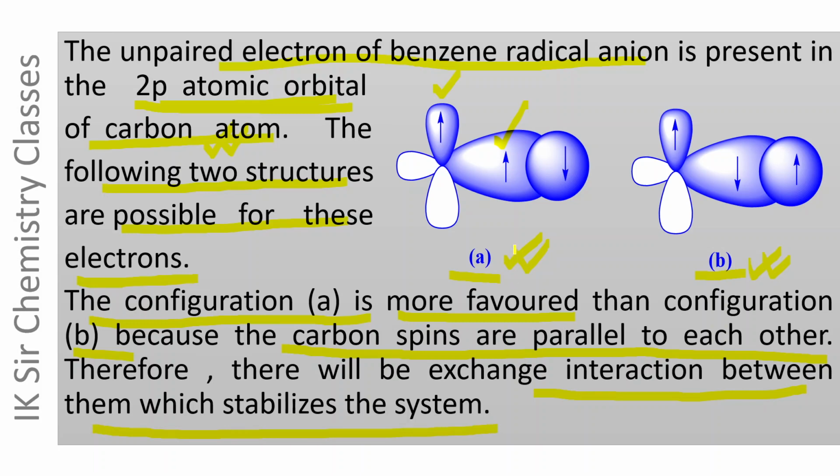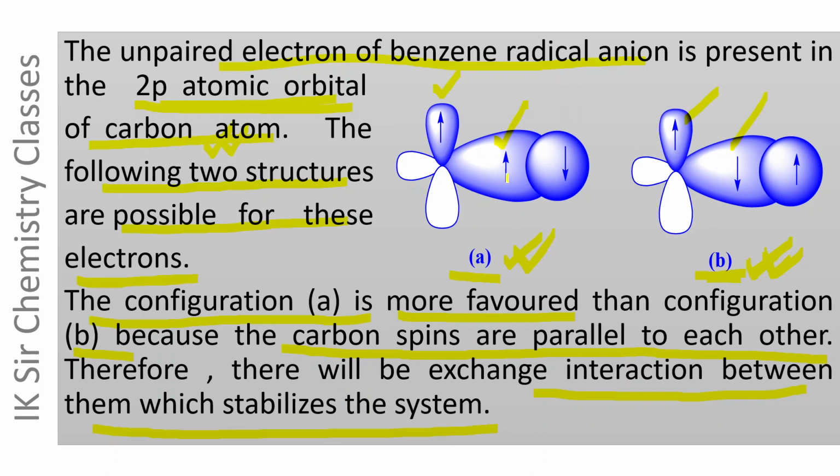This electronic structure A is more stable, more favorable than electronic structure B, because in structure A, two electrons of the carbon atom have parallel spins, while in structure B, two electrons of the carbon atom have anti-parallel spins.